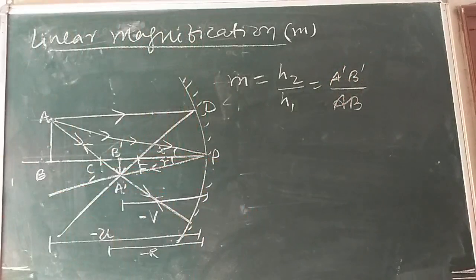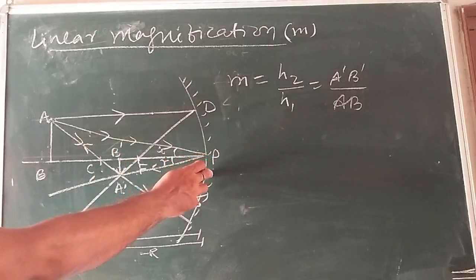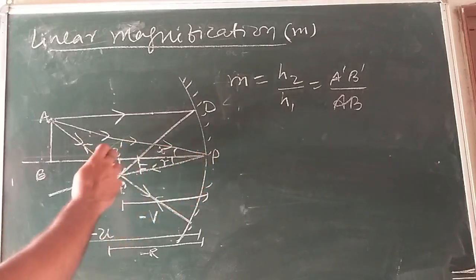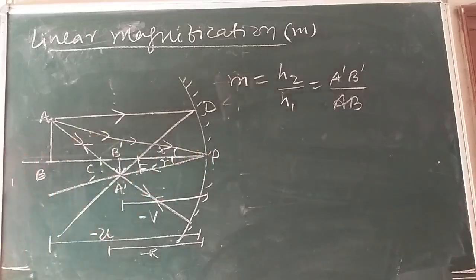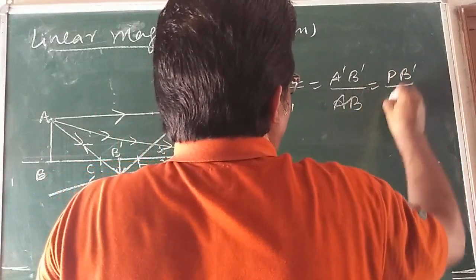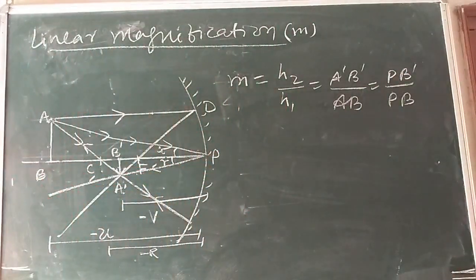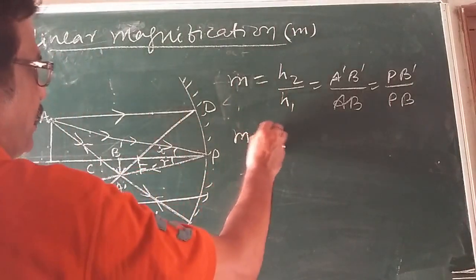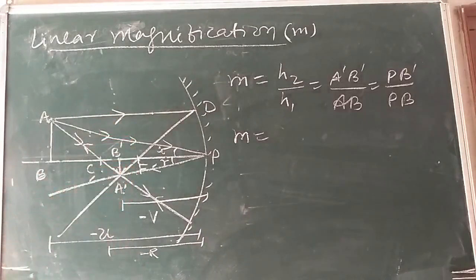Also I can write A dash B dash, from our earlier equation, that is equal to PP dash, and here that is equal to PP. So I can also write PP dash divided by PP. Earlier our equation number 2. So M comes out to be, here it is upward, here it is downward.